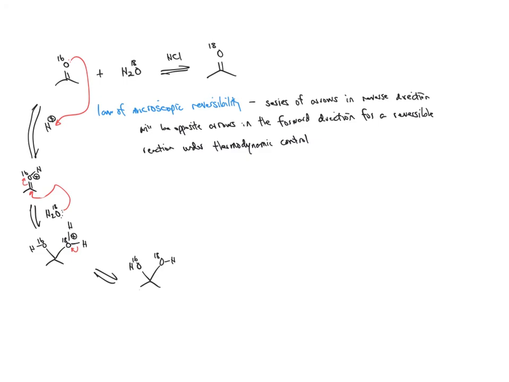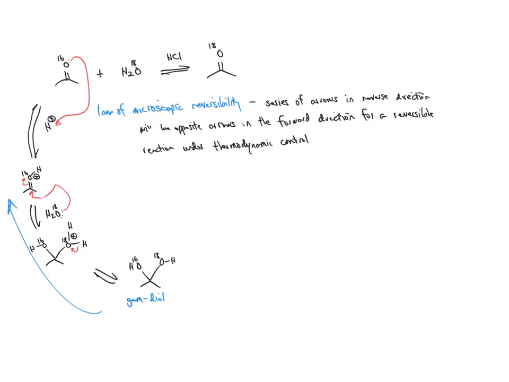Now, at this stage, we have the gem-diol, but remember, we can go in the reverse direction. But if we go in the exact reverse direction, in this way, we just end up with O16 labeled product. What would happen if we went in the reverse direction, but now formation of the O18 labeled acetone? Let's try to go in the reverse direction.